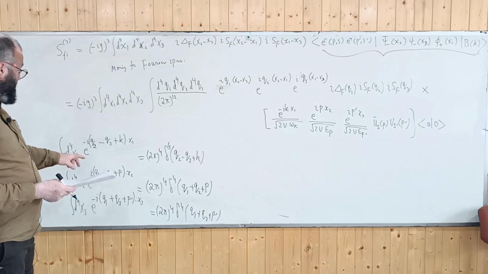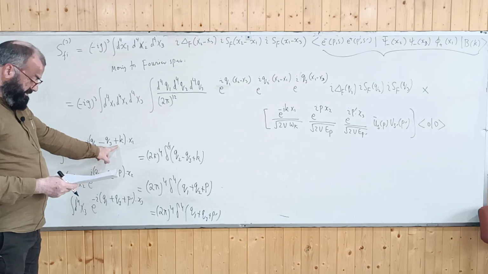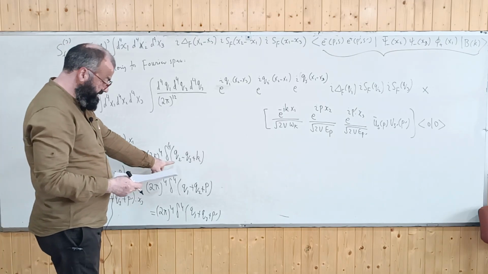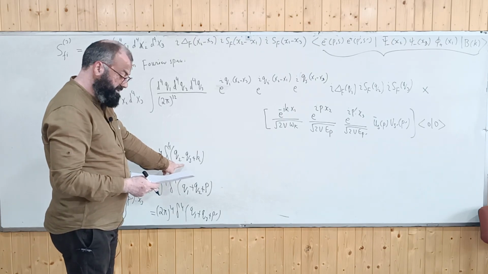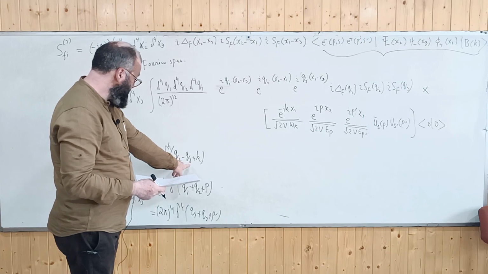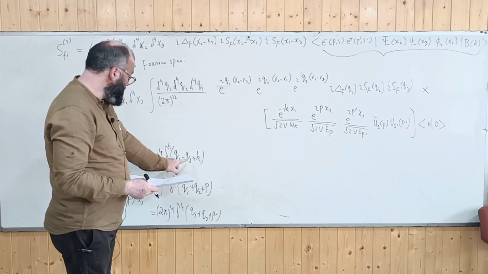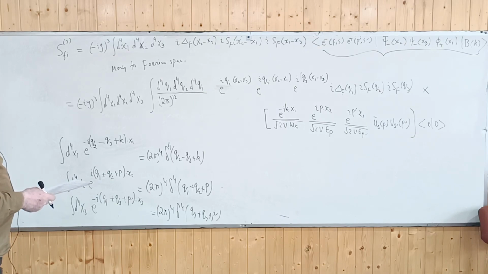So here is an error somewhere. So if I take minus K, so it should be K minus Q2 minus Q3. Okay. K. So here this Q2 should be minus. Is it correct?